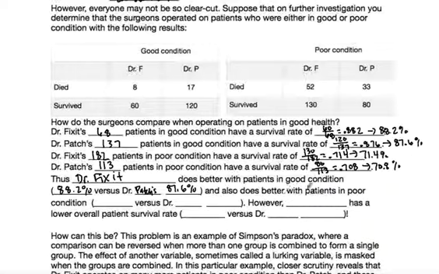And so he also does better with patients in poor health too, because Dr. Fixit had a survival rate of 71.4% versus Dr. Patch's 70.8%.